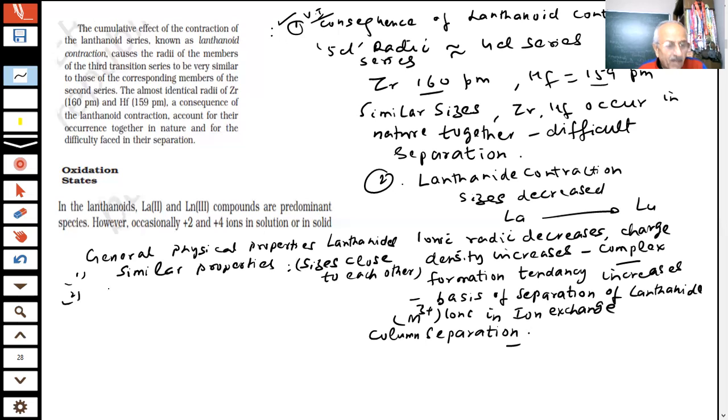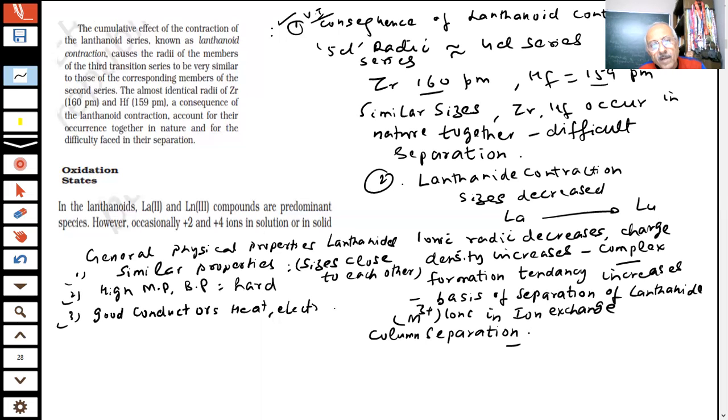They have high melting points and boiling points. They are hard, and they do have electrons, students, to conduct, so they are good conductors of heat and electricity.